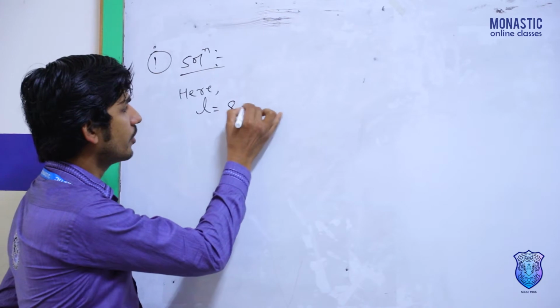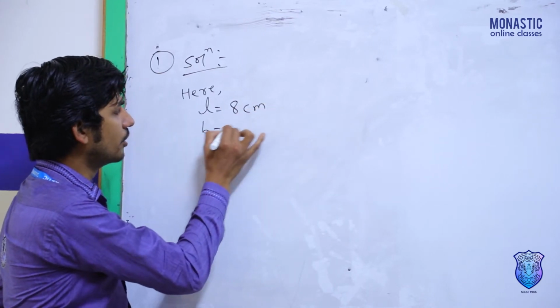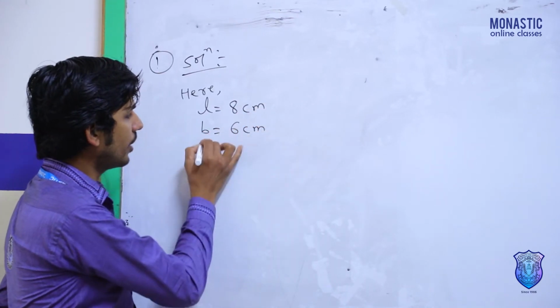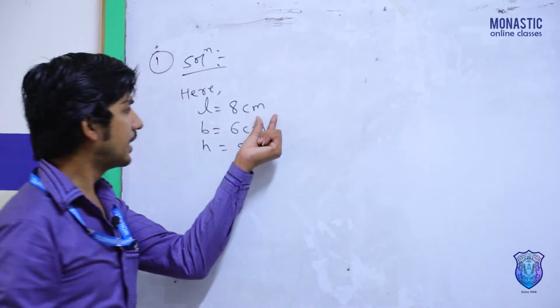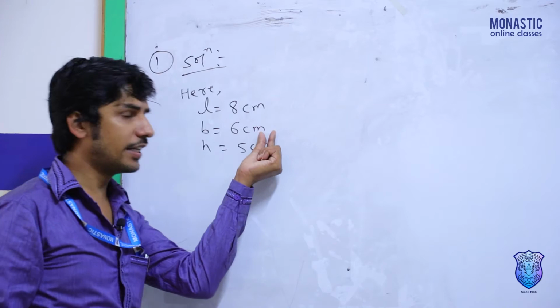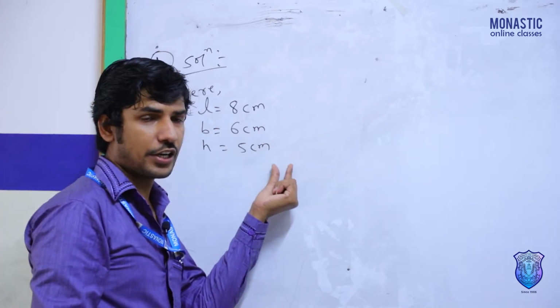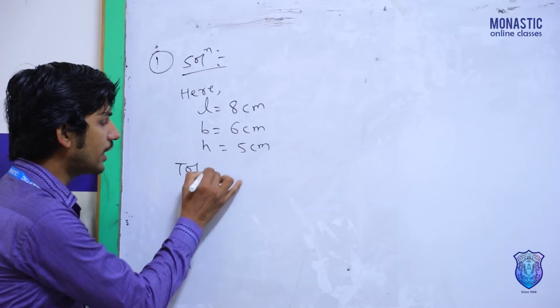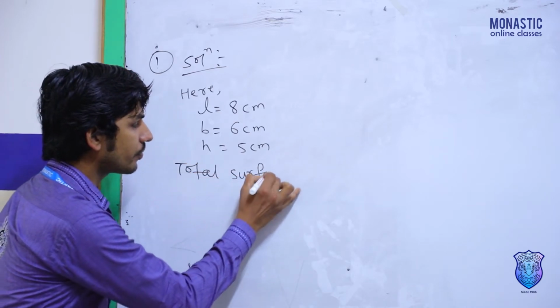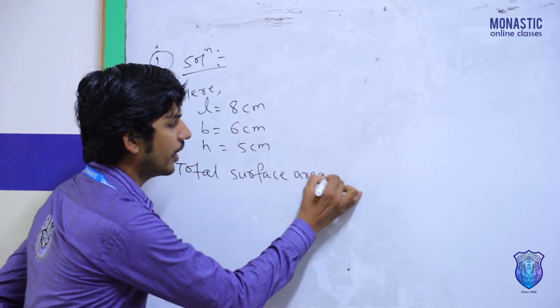So now our first question is how to find the total surface area of the cuboid.